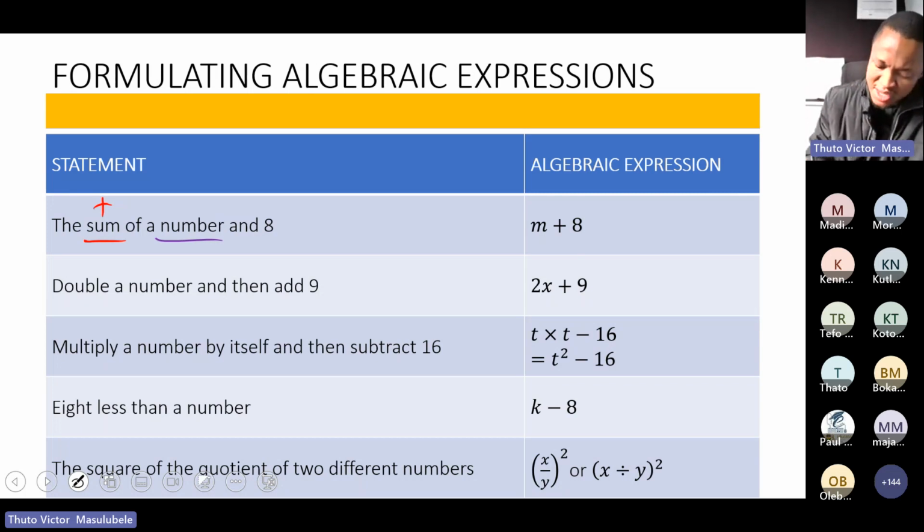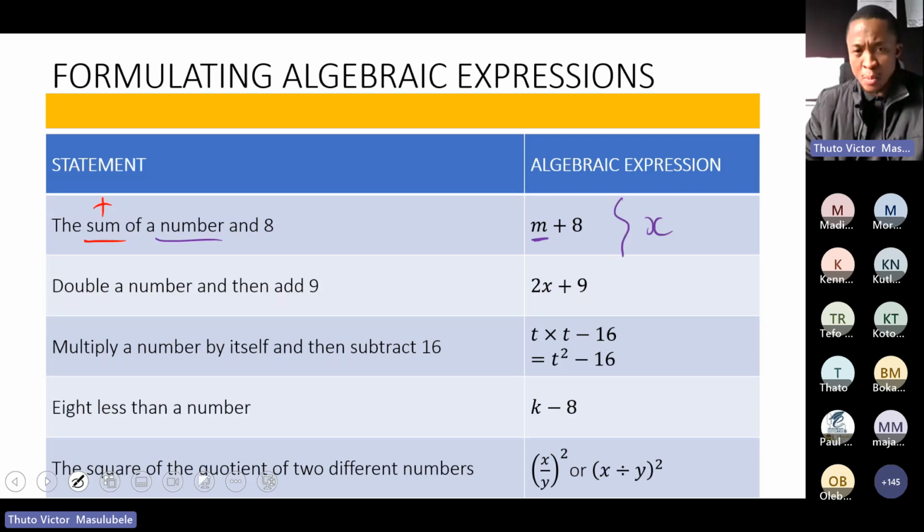So that number could be M or it could be any letter of the alphabet. In other words, it could be X. And what must we do? We must find the sum. So the sum of that number and 8 will read as X plus 8 or M plus 8. Irrespective of which variable or which letter of the alphabet you use, the statement will still read the same.